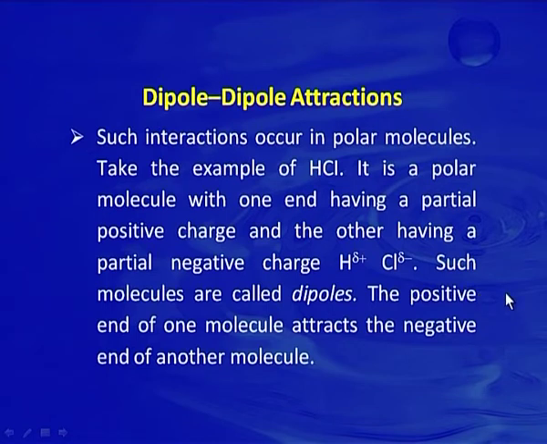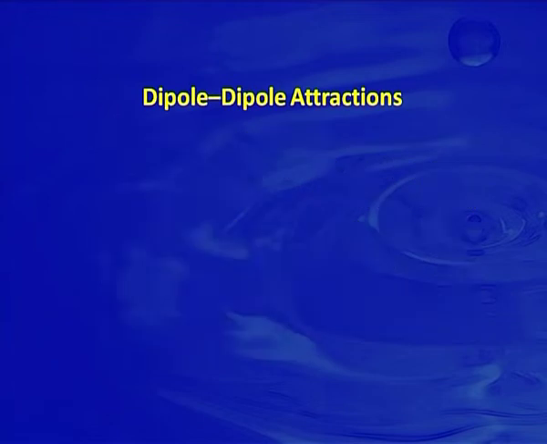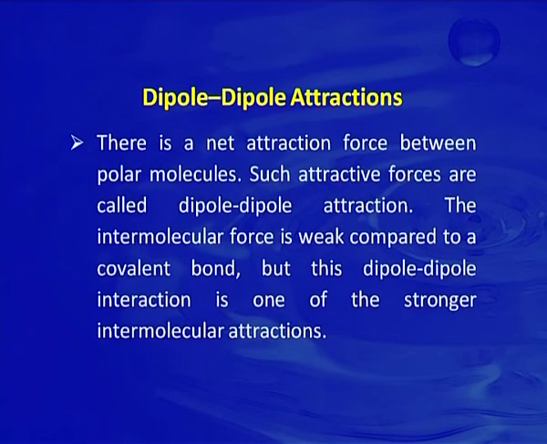The positive end of one molecule attracts the negative end of another. There is a net attraction force between polar molecules. Such attractive forces are called dipole-dipole attraction. The intermolecular force is weak compared to the covalent bond, but this dipole-dipole interaction is one of the stronger intermolecular attractions.